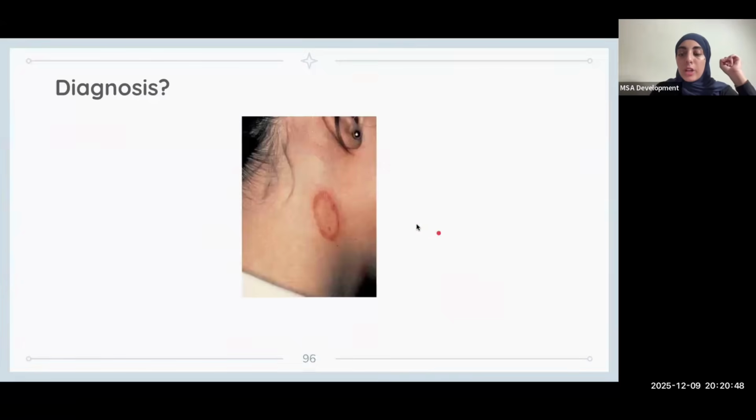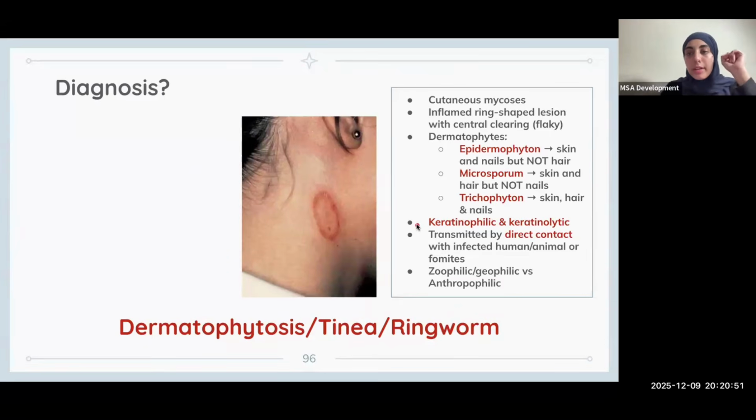Okay, this is how they generally look. In general, the rash will be a ring-shaped lesion, which is inflamed. So the border is red and the central is flaky. It has central clearing. Okay, so it just looks like you got a ring and you just form the stamp of the ring. The edges are inflamed and red, and the center is clear. Okay? And this is dermatophytosis.